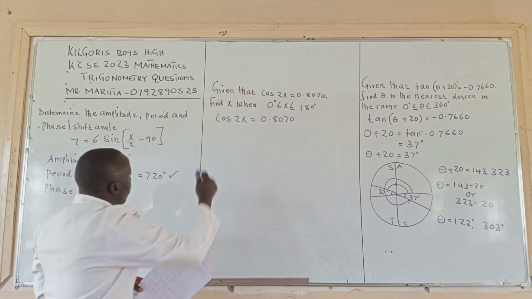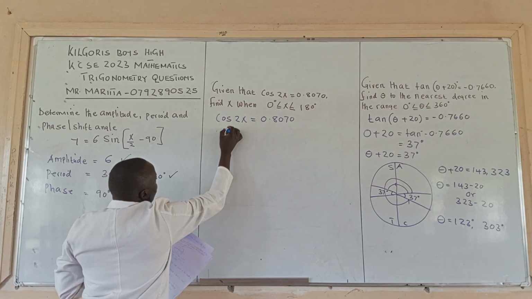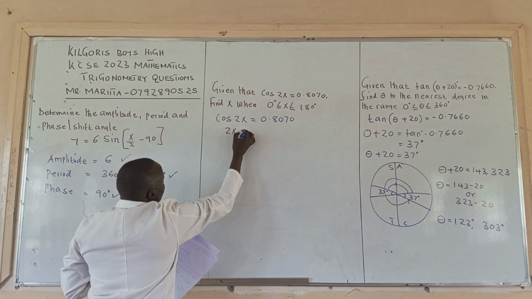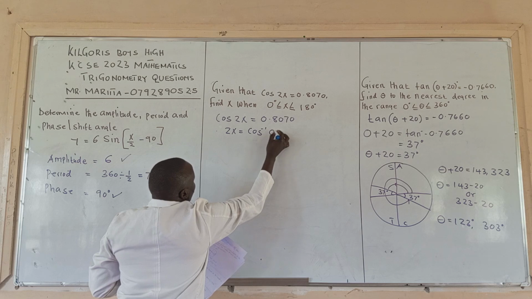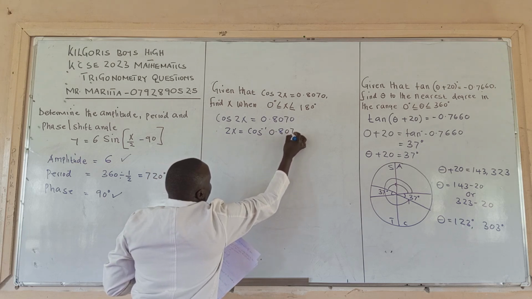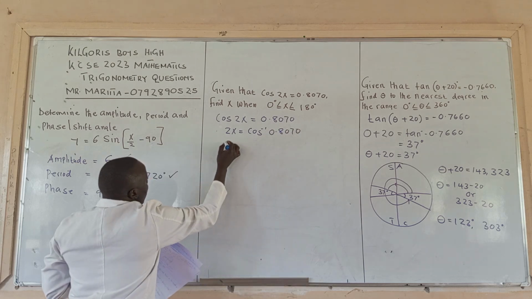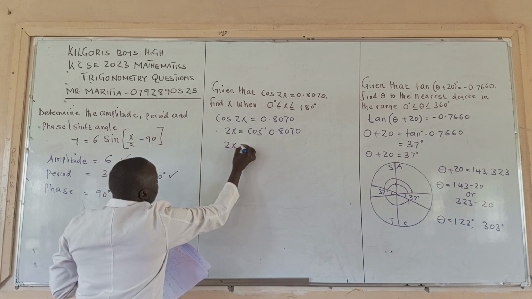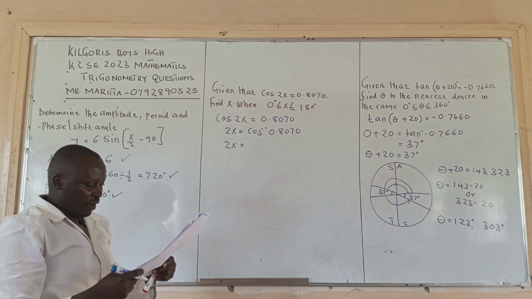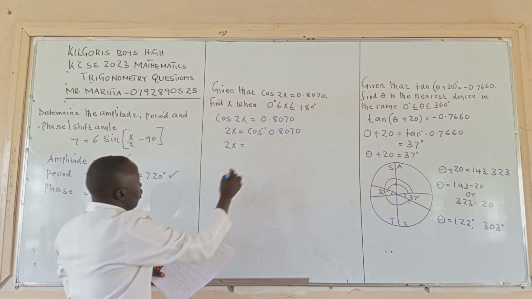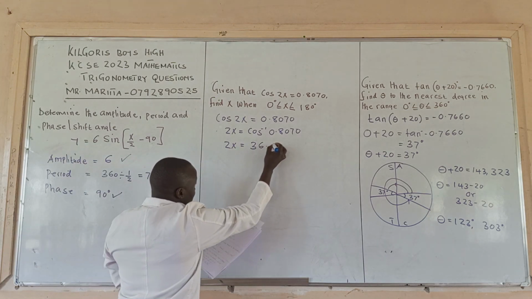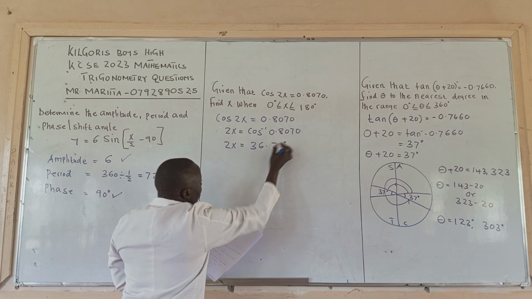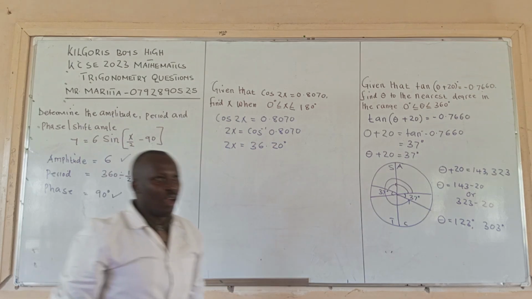If you find the cos inverse here, we remain with 2x, which is equivalent to the cos inverse of 0.8070. This gives us 36.20 degrees. That is the cos inverse we have.